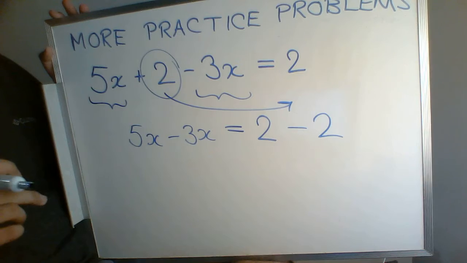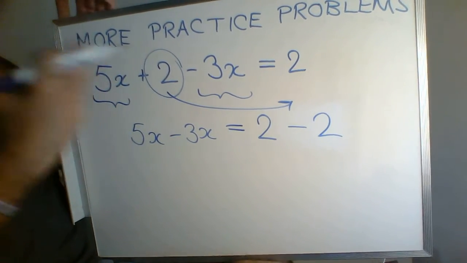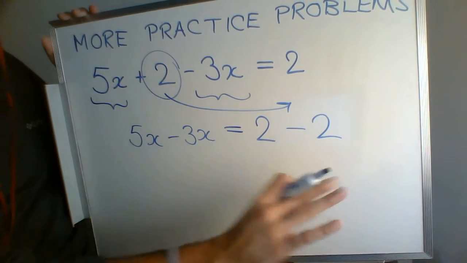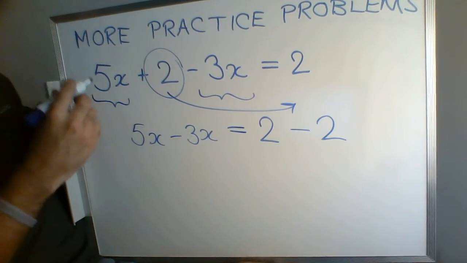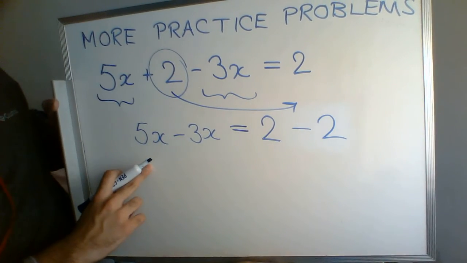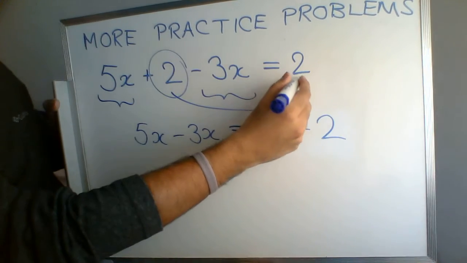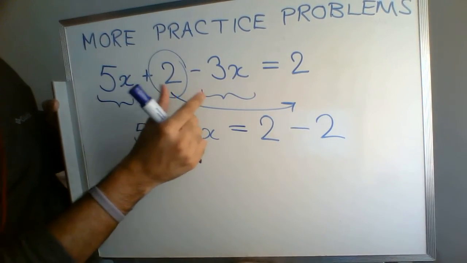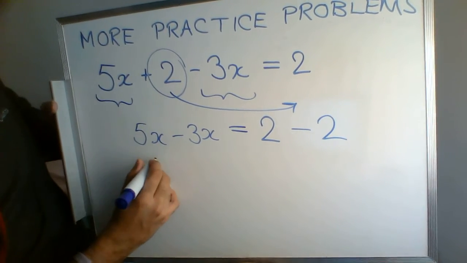We've spent a little bit of time going through practice problems that involve this sort of separating the terms with variables on one side and the terms with no variables on the other side. But basically what we've done is we've taken this 5x, we've put it down here. We've taken this 3x, we've put it down here. This 2 hasn't moved. And this 2, we've subtracted it from the left side. So basically what we had is 5x minus 3x.